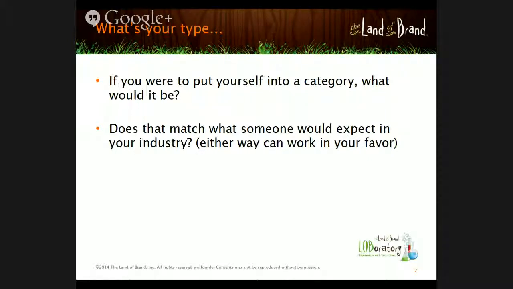So as long as you are staying in alignment, and this is where you want to be consistent throughout your experience with someone, you can wow them by matching the stereotype, and you can also wow them by going against the stereotype. So I hope this demonstrates both sides of the story.